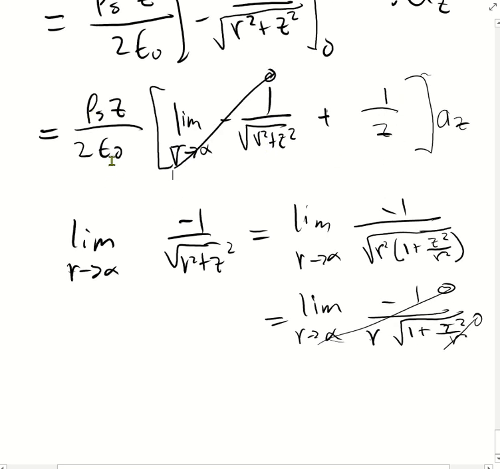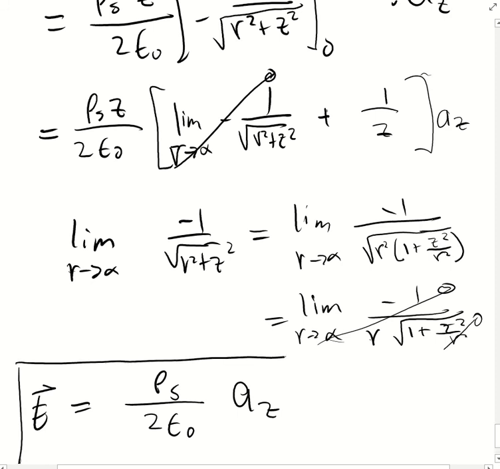Then, if you multiply it with rho s times z over 2 epsilon naught, the z cancels. So, therefore, our electric field intensity will be equal to, the z cancels, rho s all over 2 epsilon naught, and the direction is az.